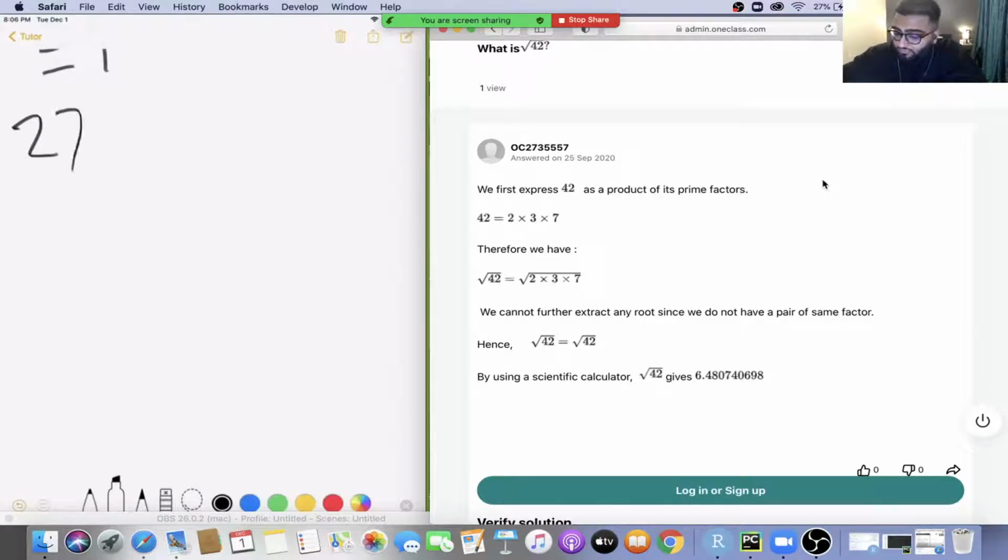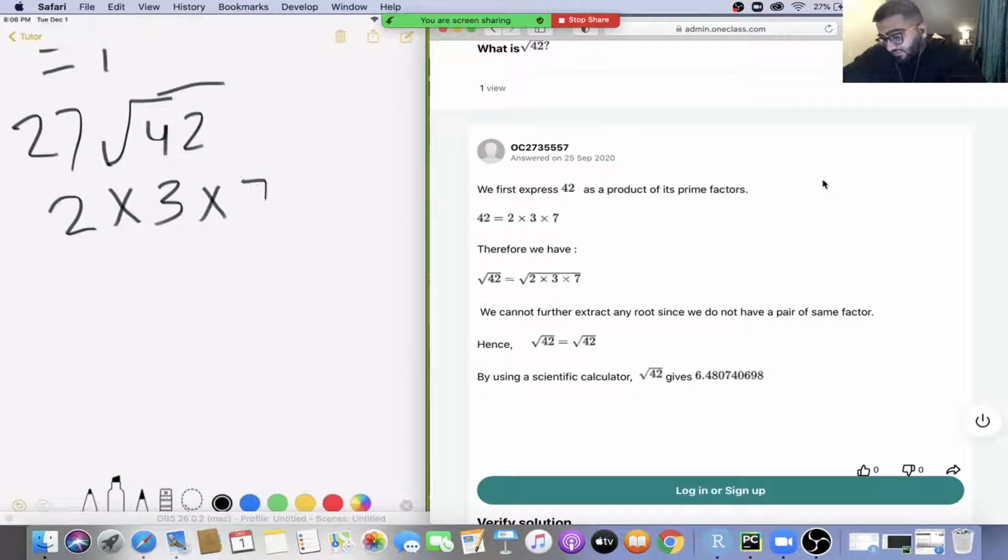Question 2. So the square root of 42. Alright, and 42's prime factors are 2 times 3 times 7 equals 42. So that's 2 times 3, 6, 6 times 7, 42.